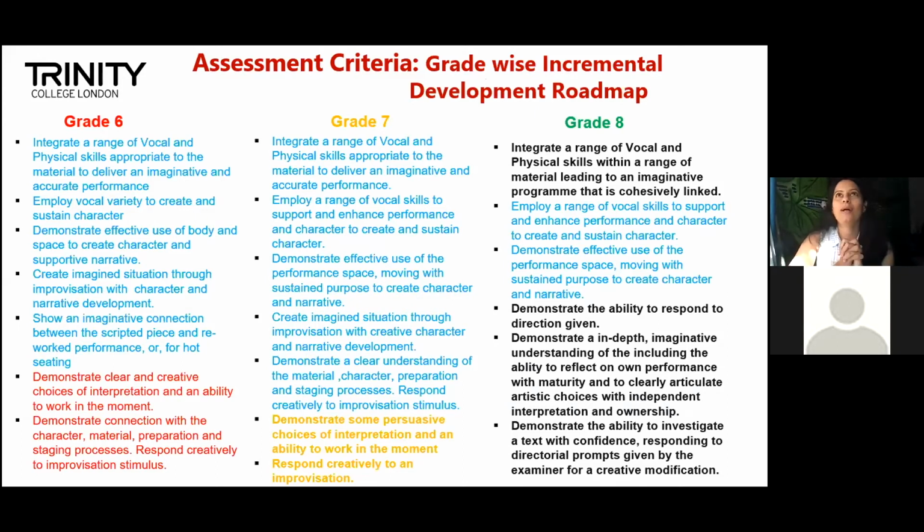Lovely. So, when it comes to staging options, of course, Trinity very clearly mentions that using an extra prop or a costume would not fetch you more marks or anything of the sort. So, if you happen to use or imagine a certain, for example, when we go into the sample tasks, you will see that the actor is on a high rise building and looking towards another building which is very tall.